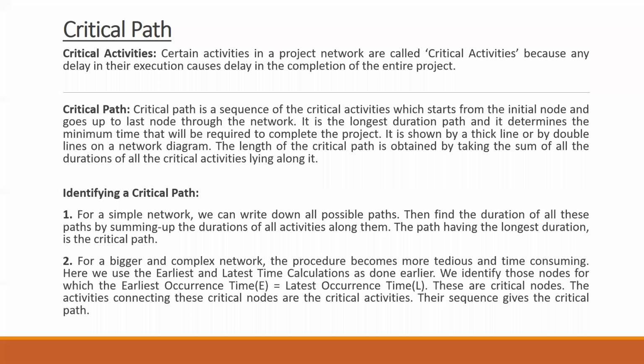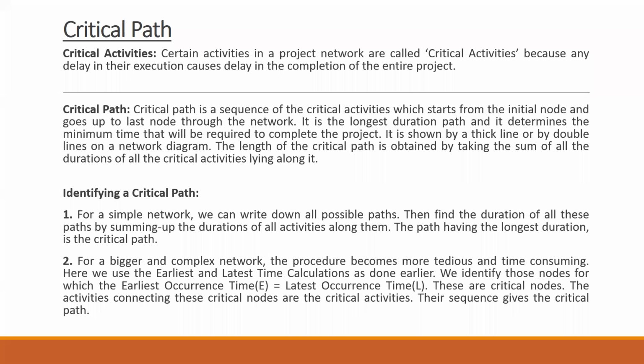If the question given to you asks you to find out the values of your earliest occurrence time and your latest occurrence time, in that case, you have to make use of the forward pass and the backward pass to do all the calculations which we just saw.